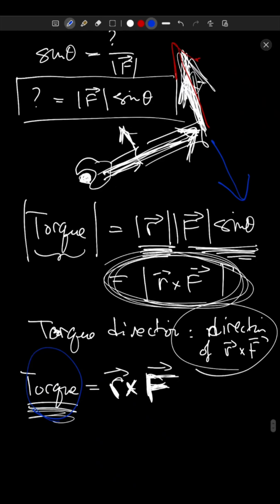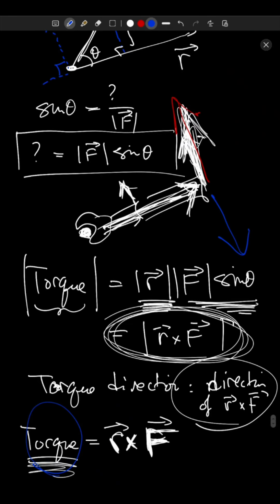So in the example that I have been doing, this is my r, and that's my f, or at least the part of the f that matters. So doing the right-hand rule with the third axis coming out of the screen, my torque is going to be pointing out towards the screen, out towards you.